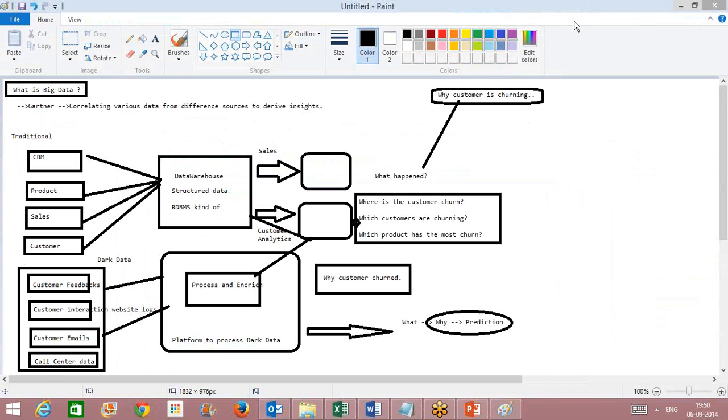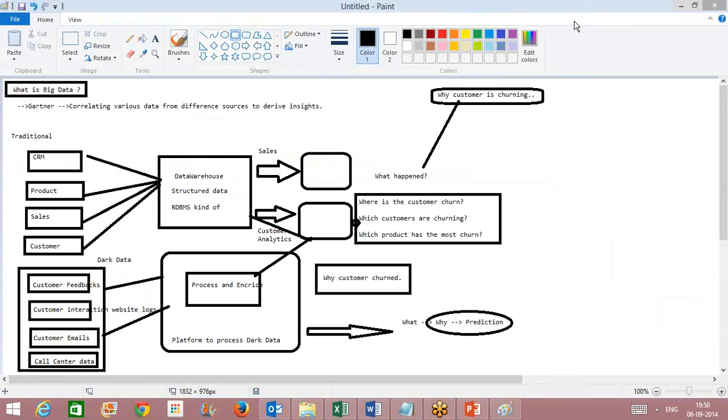So we are going to define what is big data from a technology perspective. Let's say we are using traditional technology to solve a problem. So this traditional technology includes what all?